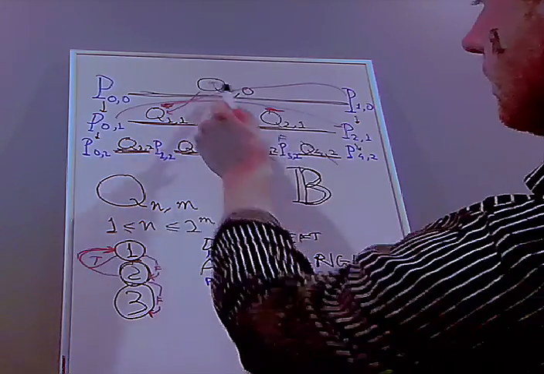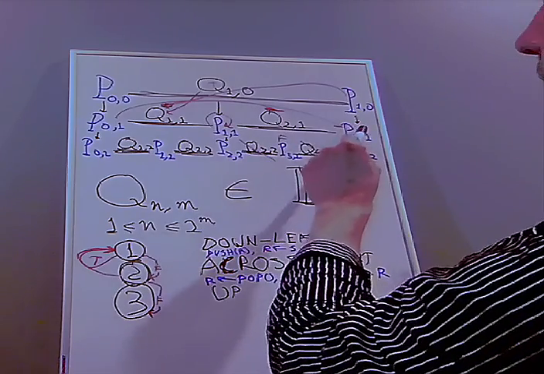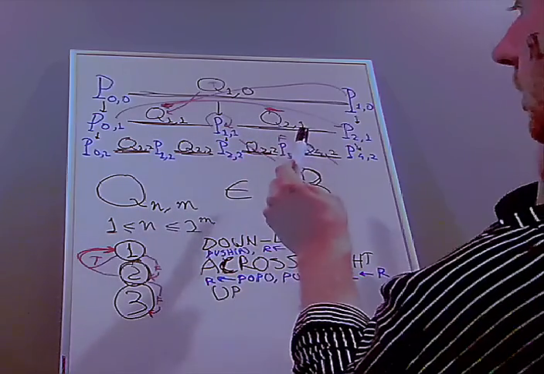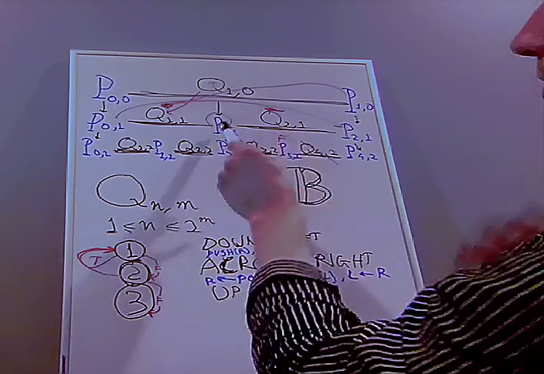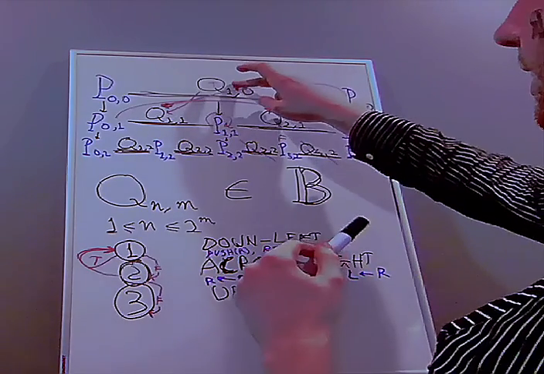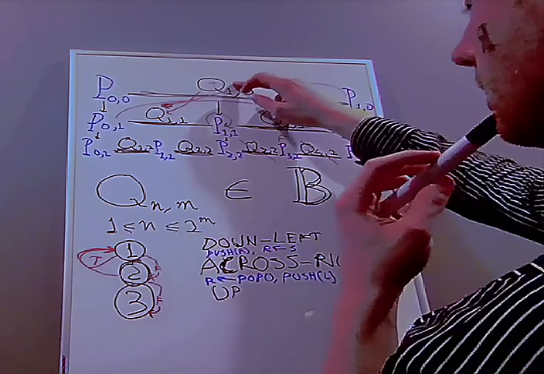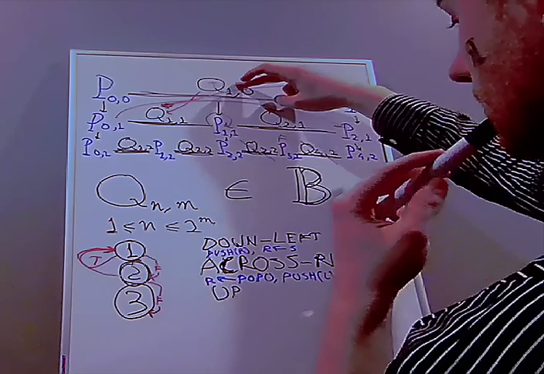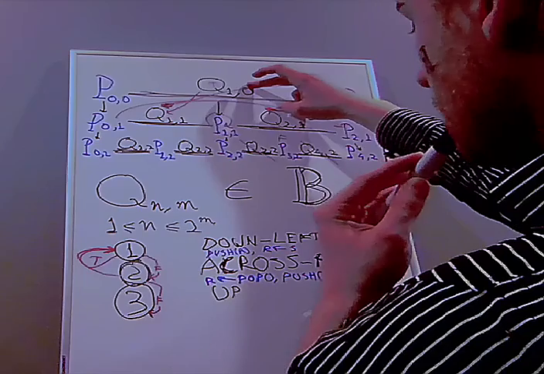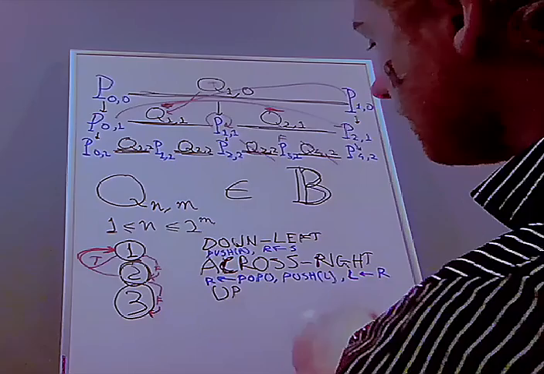To go up, we keep the right one, we've pushed L. So actually what we do is that we just pop L, we just pop into L, and then we're back here, and then we don't know whether to go across or go up because we don't know where we are.